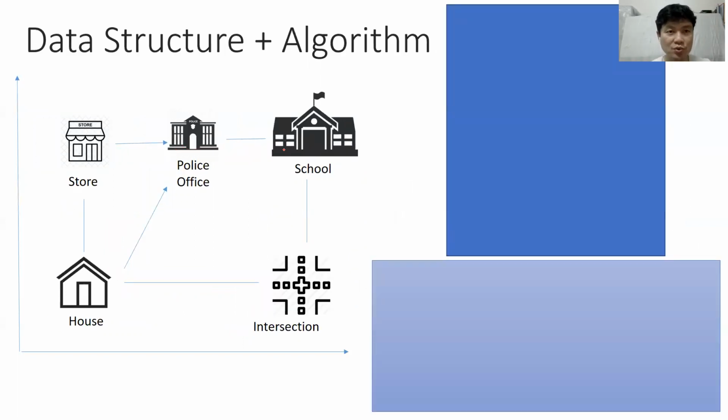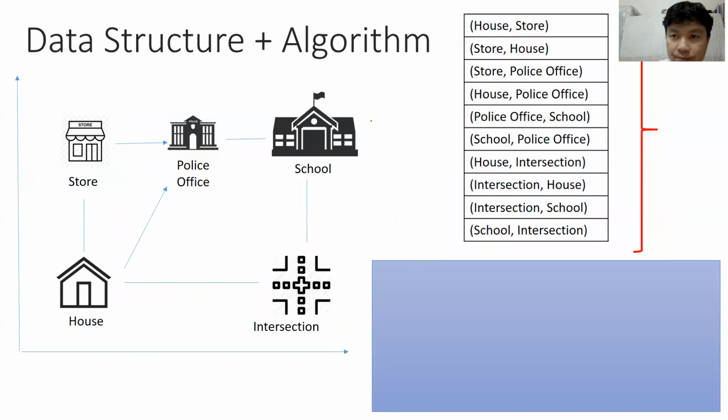So what is the data structure and the algorithm then? Let's say you already have this data structure, the same example. If you're doing it with the algorithm, let's say you want to go from house to the school, so you need to check all these alternatives.